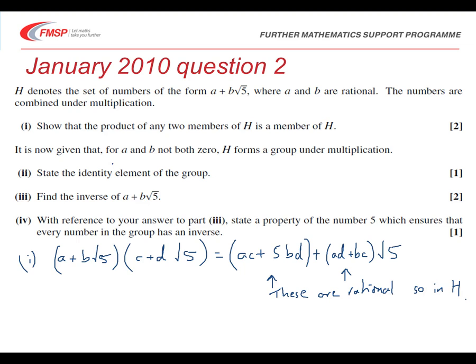In other words, and it's only one mark, what do I multiply a plus b root 5 by to get a plus b root 5? Well, the identity here is just 1. Pretty straightforward, single mark for that.